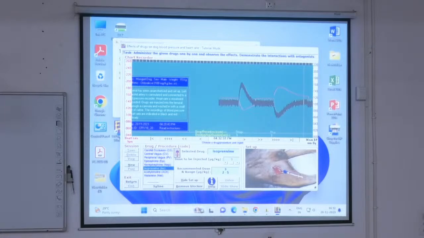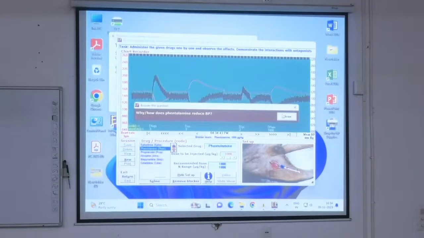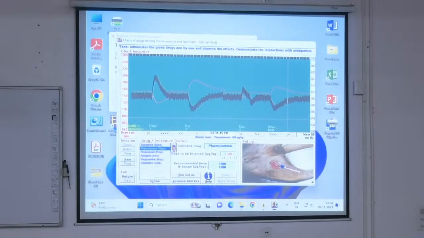আগে অনেকদিন আগে হার্ট স্ট্রোকের সময় এটা দেওয়া হতো। Some fall in blood pressure as it is blocking the alpha 1 receptor.